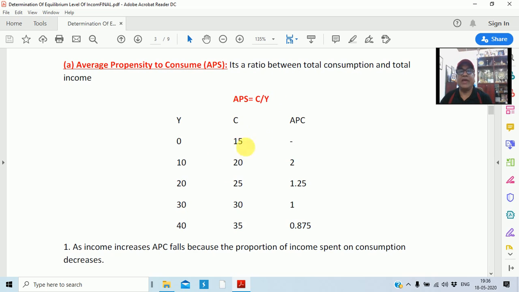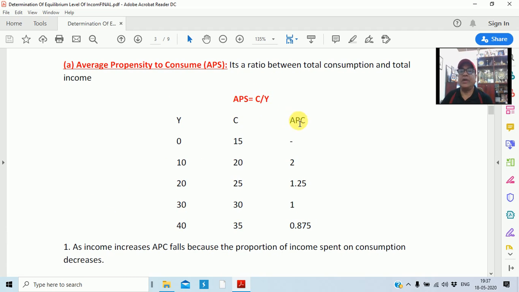Now here if we calculate, what is your C? 20, right? And what is your Y? 10. 20 by 10, 2 is the APC. Here APC is 25 by 20, 1.25. So you can get in the exam a table in which you will be given income and consumption and you will be asked to calculate APC.